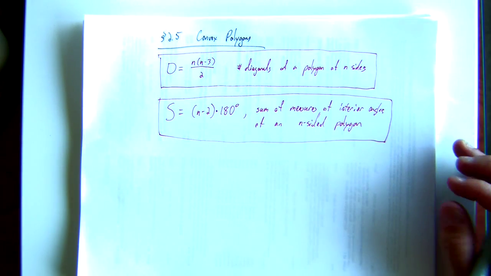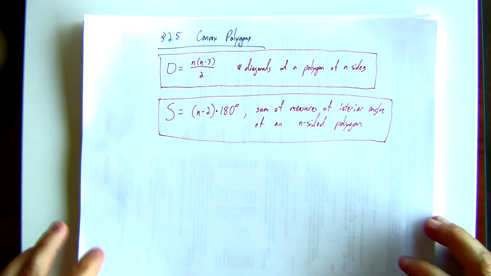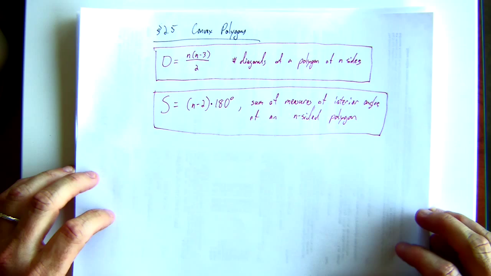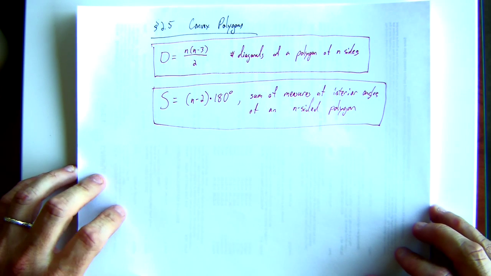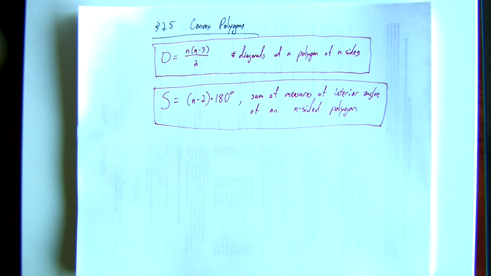Now there's one more formula that I did not give you in class. I did ask you to look at it, and I'll go ahead and give it to you now so that you can continue to work. Well, I talked about a regular polygon. First of all, let's just remember that definition.